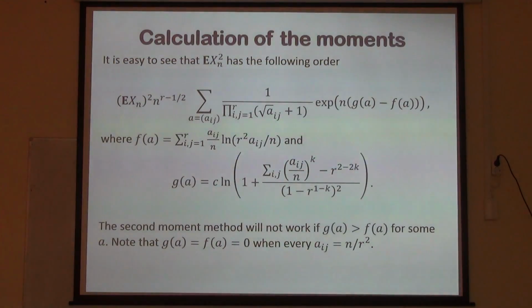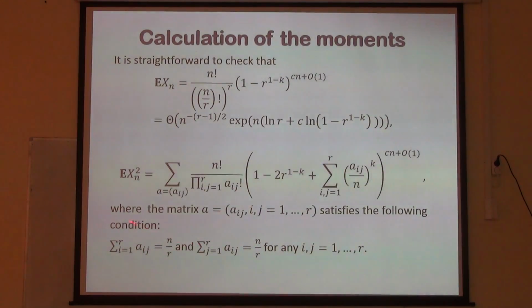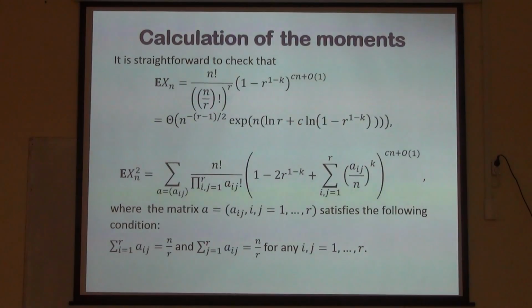You recall that our matrix appeared from balanced colorings, which means that the sum over every row and every column is the same, equal to n over r. Roughly speaking, in the matrix we have only (r minus 1) squared parameters, because if we fix, for example, in a row r minus 1 elements, then the last one will be exactly n over r minus the sum of them.